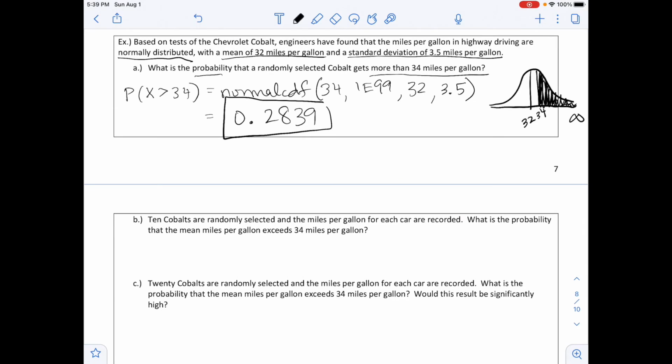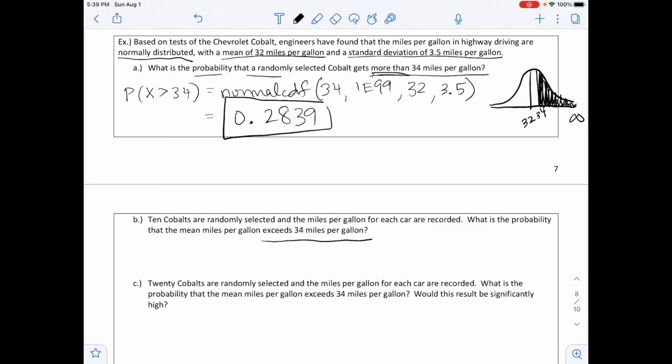Now, looking at this and then also looking at part B. B says 10 Cobalts are randomly selected and the miles per gallon for each car are recorded. What is the probability that the mean miles per gallon exceeds 34 miles per gallon? So, looking at the difference, it still says exceeds, which is the same thing as more than up here. But what is the difference?